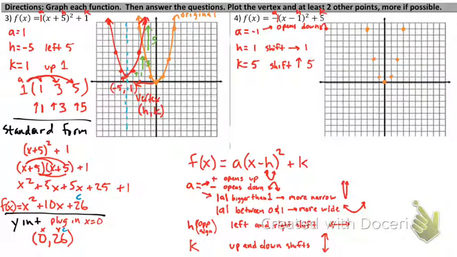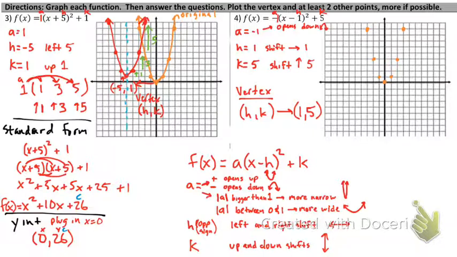Just like before, the first thing we want to do is shift. I had mentioned before, your new vertex is just your h and k. Your h goes here, your k goes here. So my vertex for my new graph is going to be 1, 5.